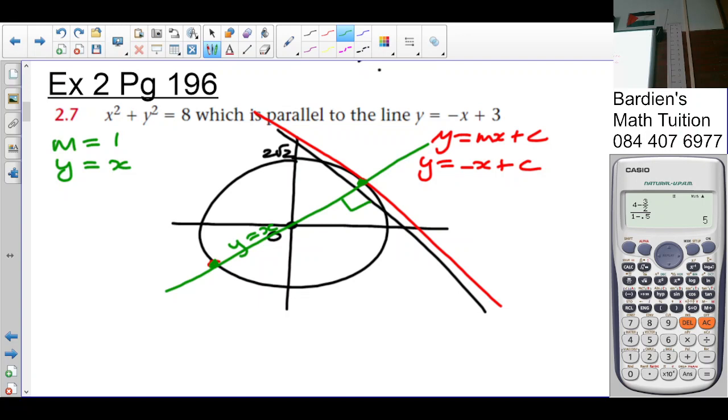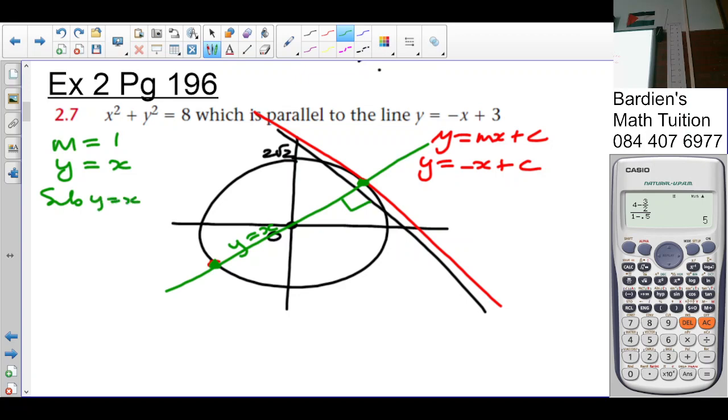So how is that going to help us find those points here? How is that going to help us find those points? Is the line in green not cutting the circle? So those points are what? The points of intersection of the line in green and the circle. How do we calculate the points of intersection? So are the two graphs equal to each other? Here we're going to do simultaneous equations.